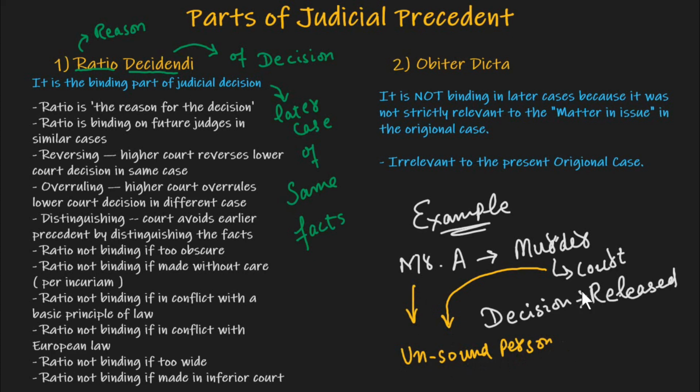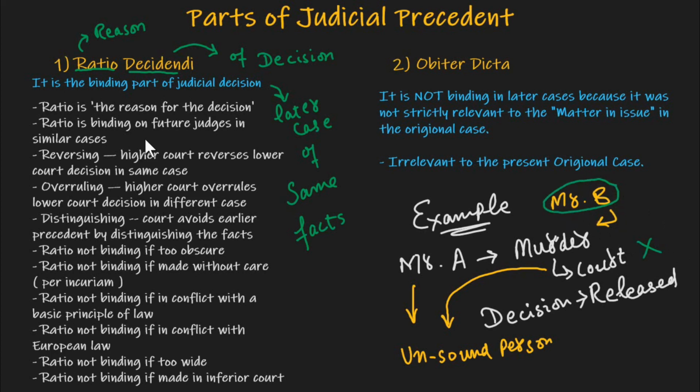So that's why the court released Mr. A. Now, as an example, if Mr. B also murdered someone, and now Mr. B is asking the court to release him too, because in the past the court released Mr. A in a similar case, because the facts are not similar as they were in the case of Mr. A, the court may decide not to release Mr. B, because Mr. B is not an unsound person.